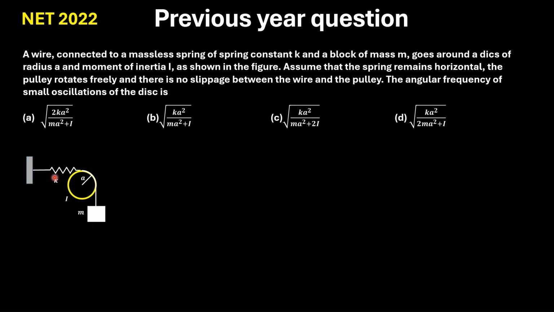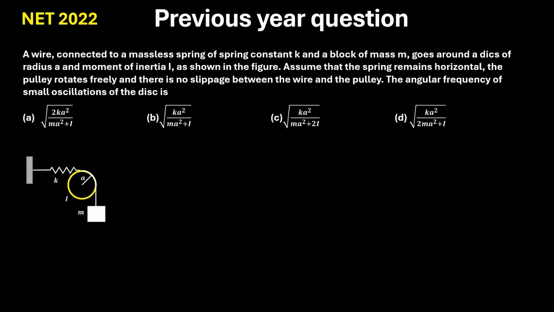In this question, we are given a system where there is a spring and through a wire it is attached to a mass m, and this wire is over a pulley system, and we have to find the angular frequency at small oscillation condition.